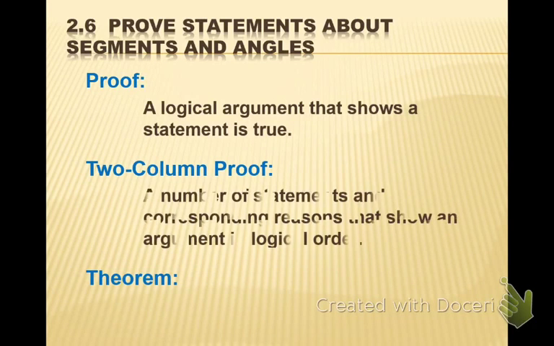A two-column proof is a number of statements and corresponding reasons that show an argument or logical order. We've been doing two-column proofs. You have your statements on the left, your reasons on the right. You number each one. That's what we've been doing, two-column proof.